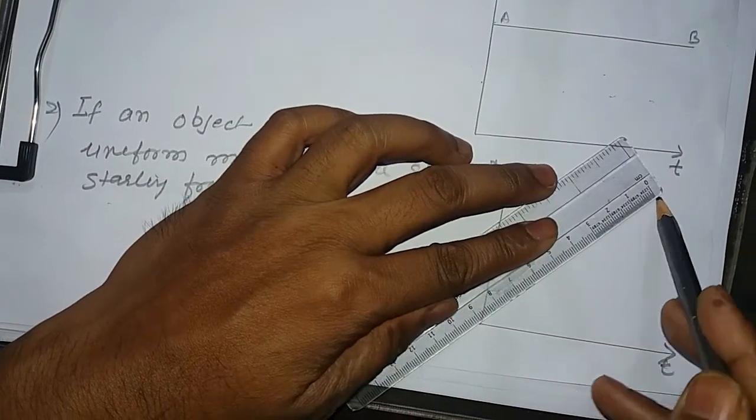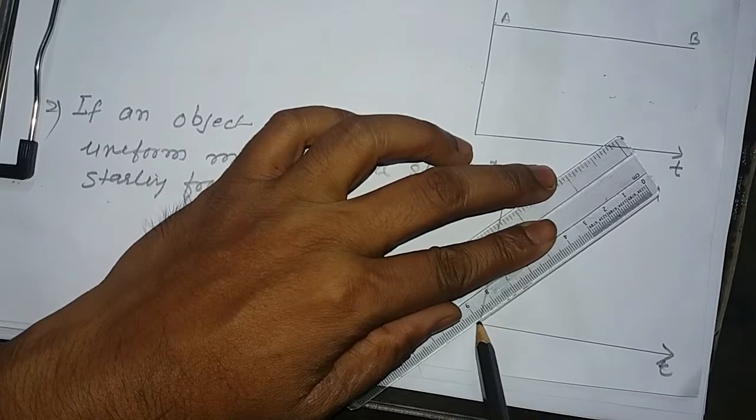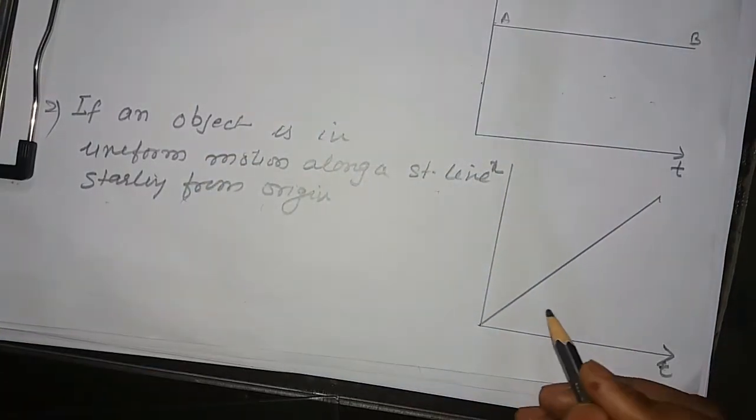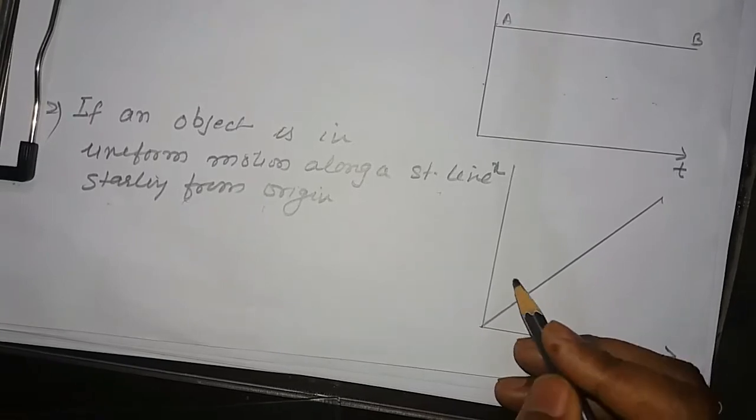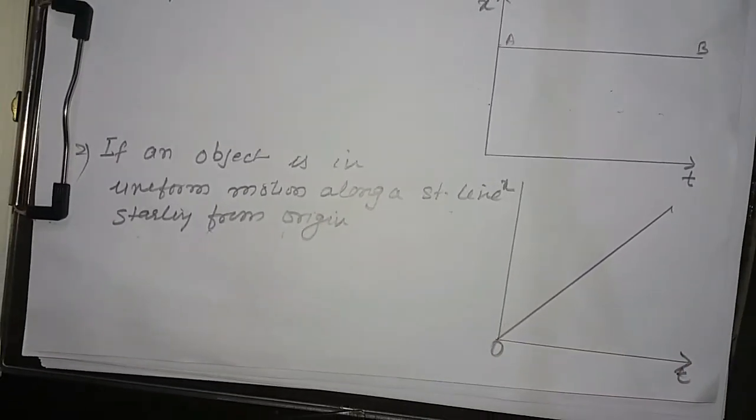This will again be a straight line passing through the origin, inclined with the time axis.